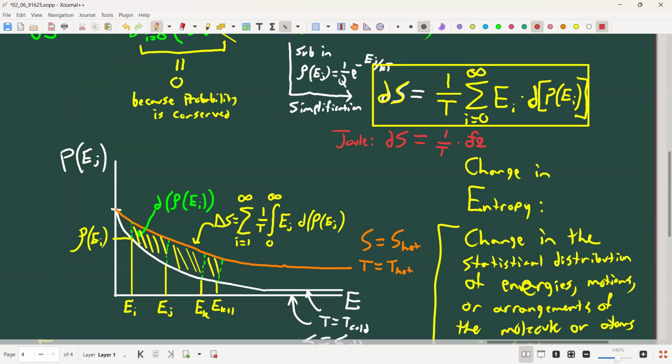And then the change in heat is just a measurement of how you're injecting new heat, new energy into the probabilities. This is how you're injecting energy into the statistics. And so it's dependent on how the probabilities change. Okay. So that was just a little bit of theory.